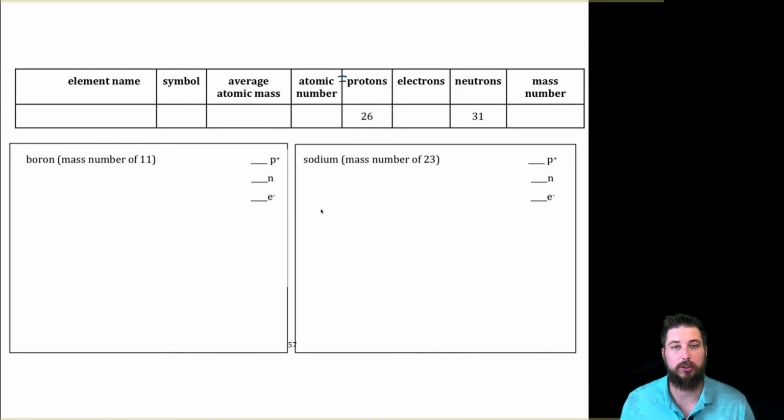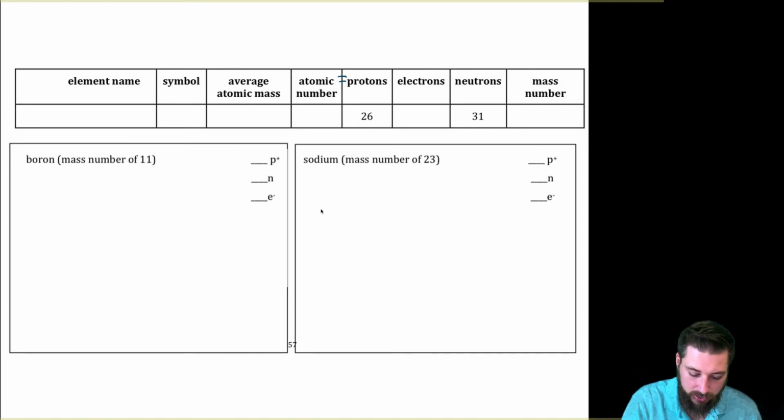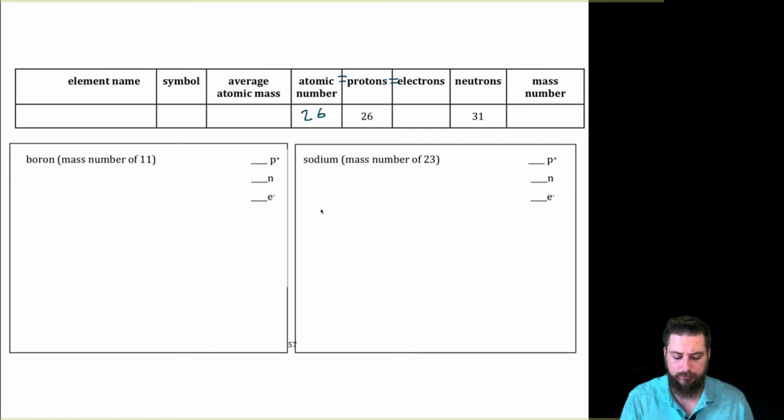So the atomic number and the number of protons are equal to each other, because the number at the top of a symbol in the periodic table is the atomic number, and so that means that the atomic number is 26. The other thing we said is that protons are equal to electrons. For now, protons will equal electrons. In a future unit, that will be different, but for now they're going to be equal to each other.